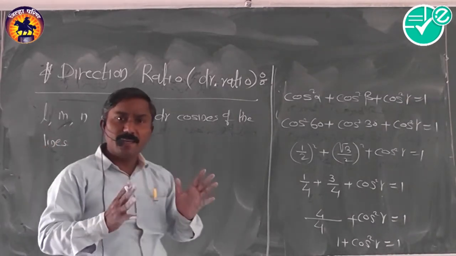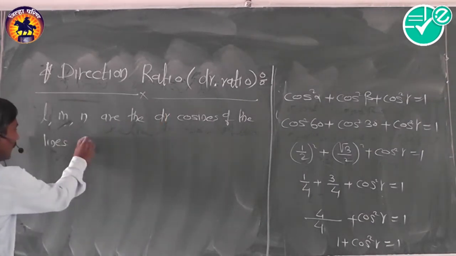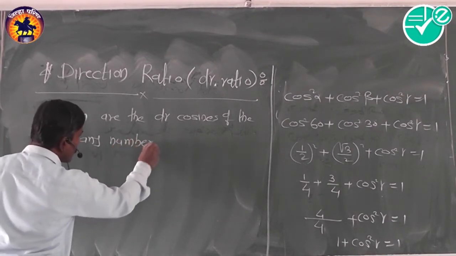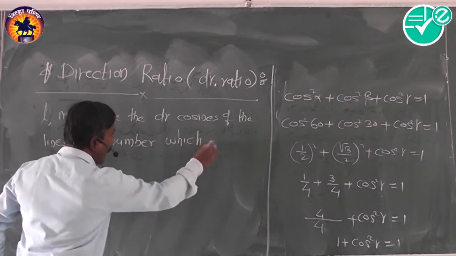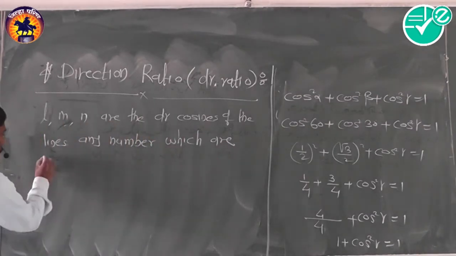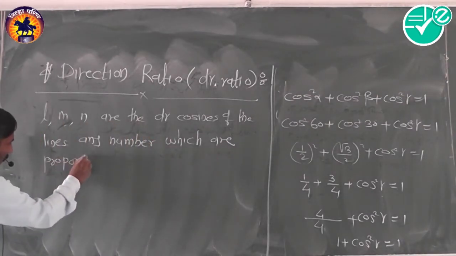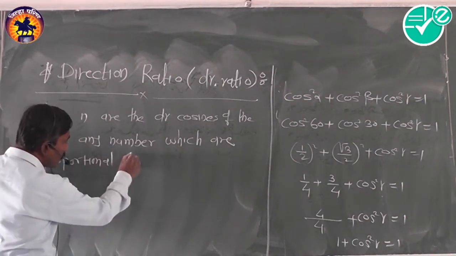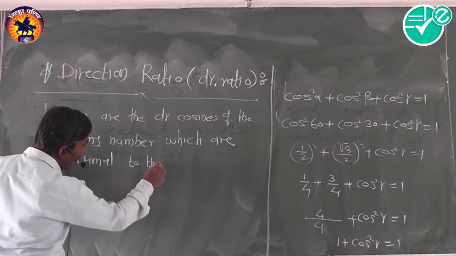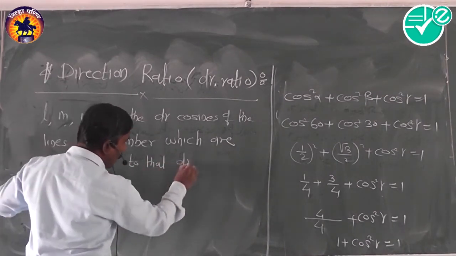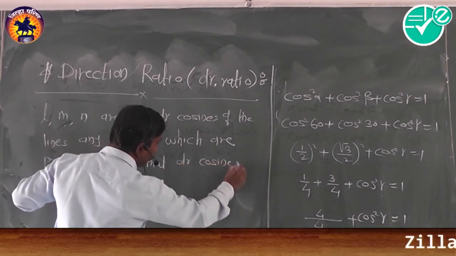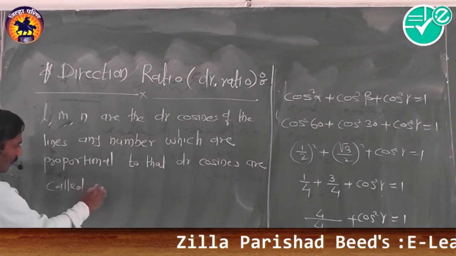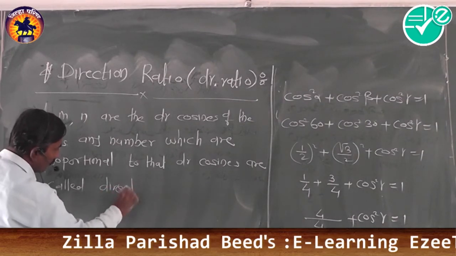Then any numbers which are proportional to those direction cosines are called direction ratios.